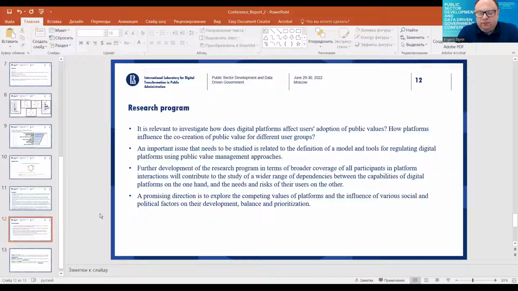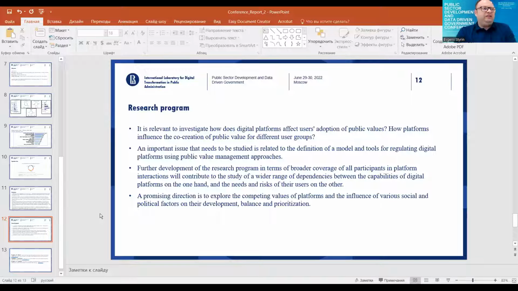It's also interesting to see how public value is created, and by what configuration of platform stakeholders. And finally, how different political and social factors influence platform development in different countries, and what the balance and prioritization is.